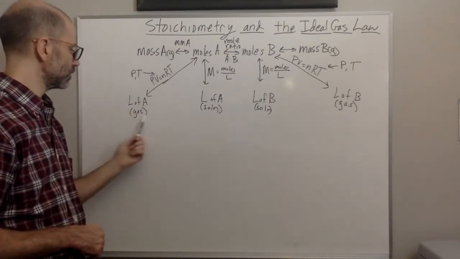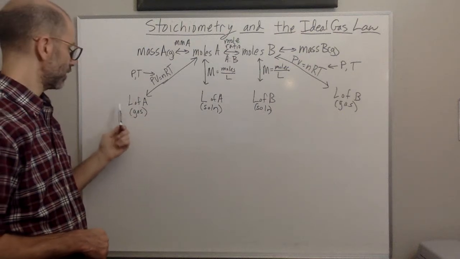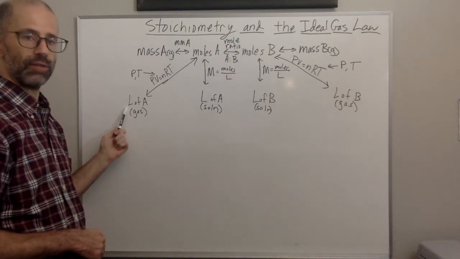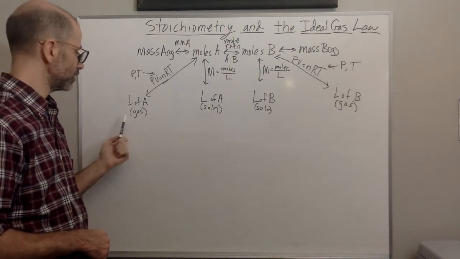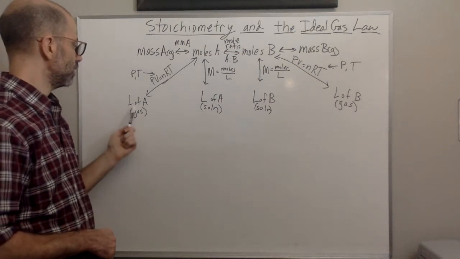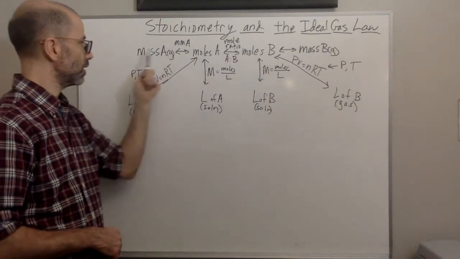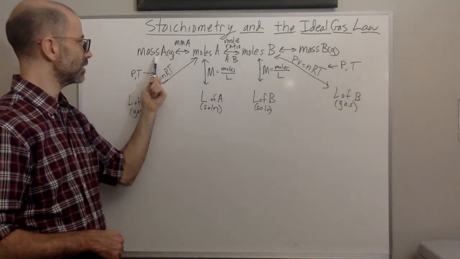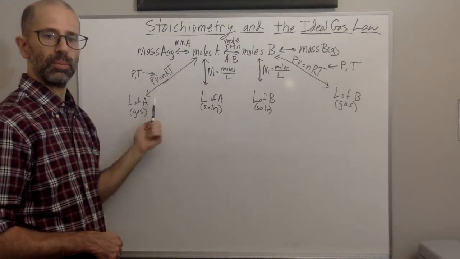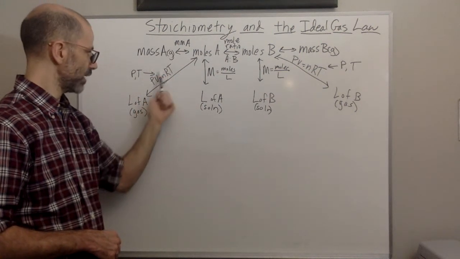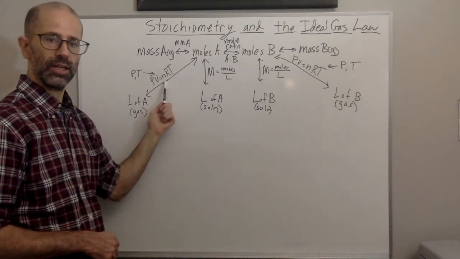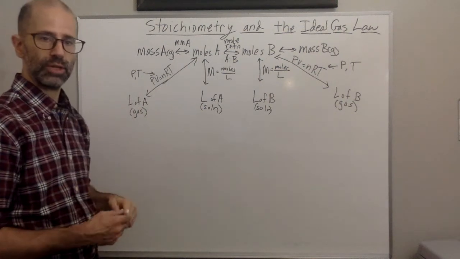So in this case, we'll have some liters of a gas or milliliters of a gas, and to get onto this roadmap, we need to get into either mass or moles. But because the ideal gas law has moles in it, we can use the information given to us.